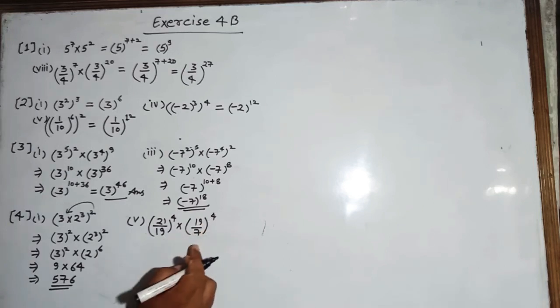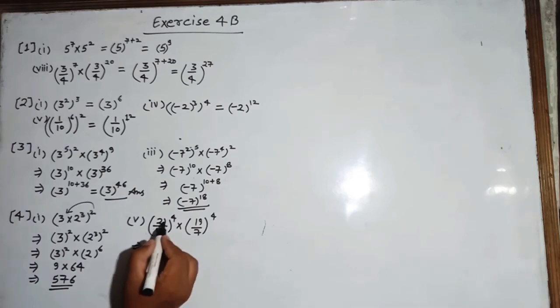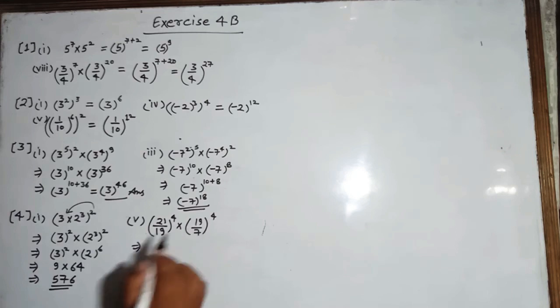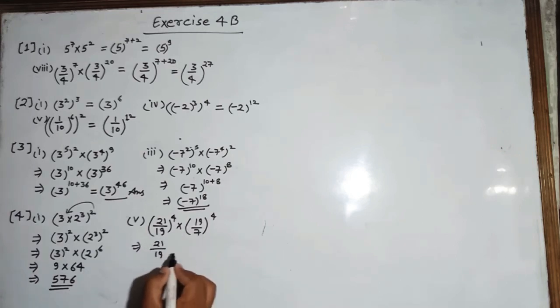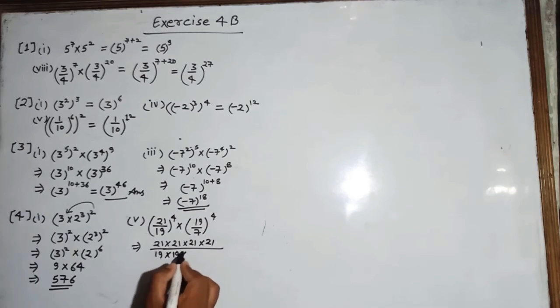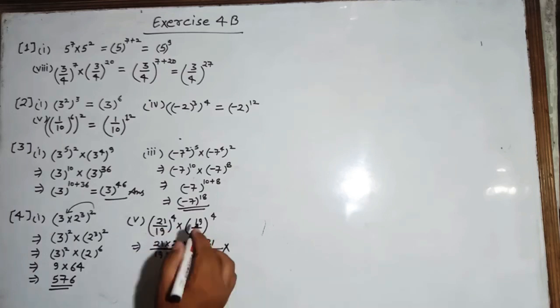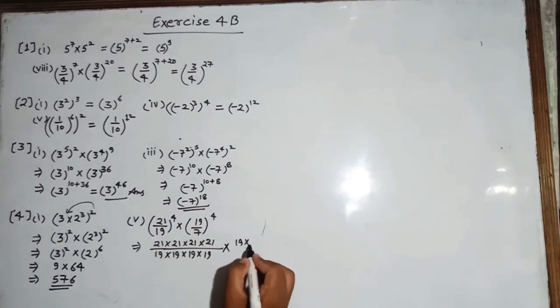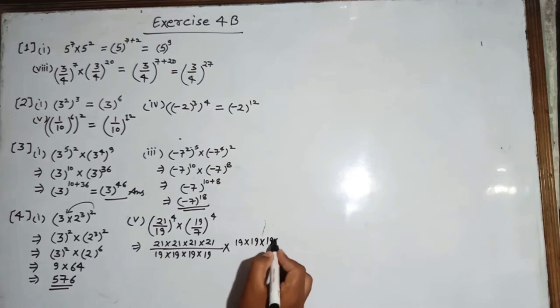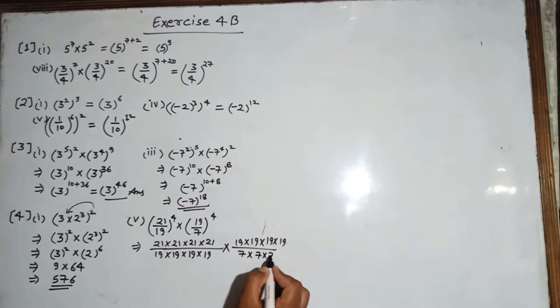The bases are different, so we can't add the powers. So what you can do is, simply write 21 upon 19 four times, 1 2 3 4, and 19 again 4 times, and into this, in the numerator 19 again 4 times, and what is remaining, 7 four times, 1 2 3 4.